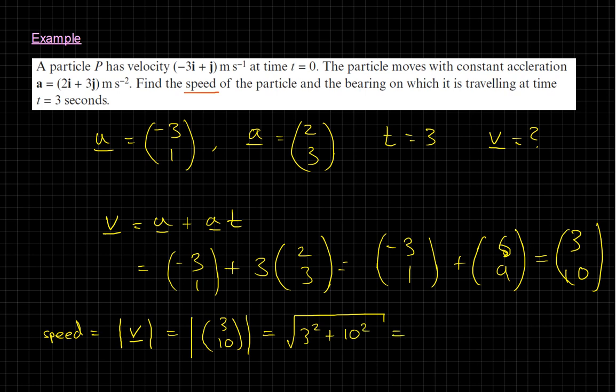So I root the sum of the squares of the components and I get square root of 109, which equals roughly 10.44 meters per second. Sorry, 10.4. Okay, and that's your answer.